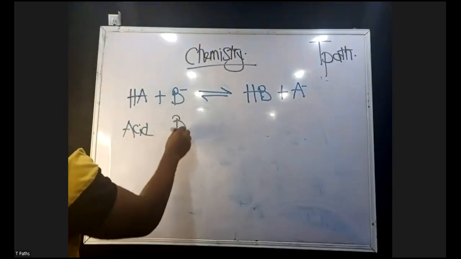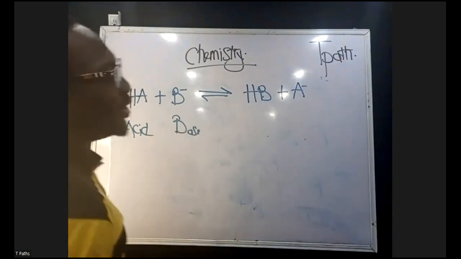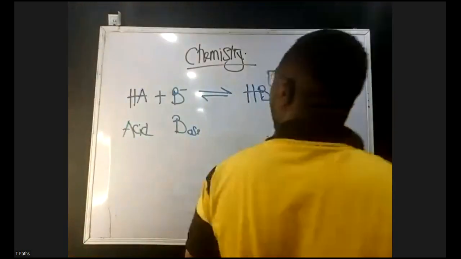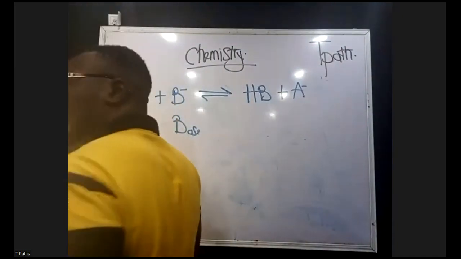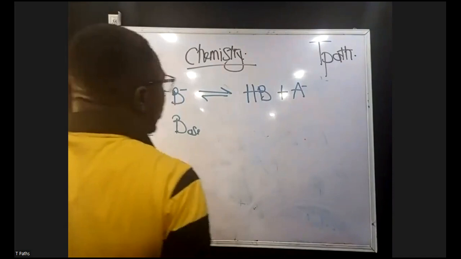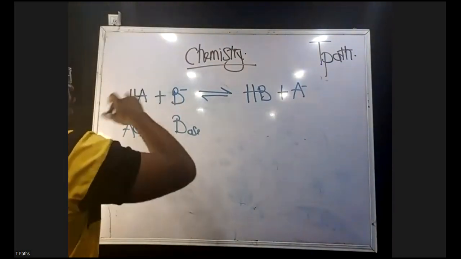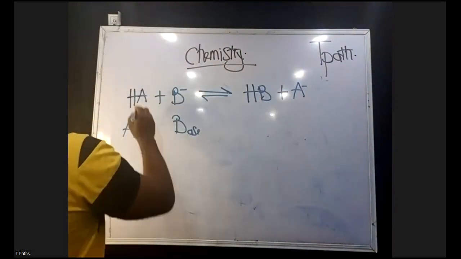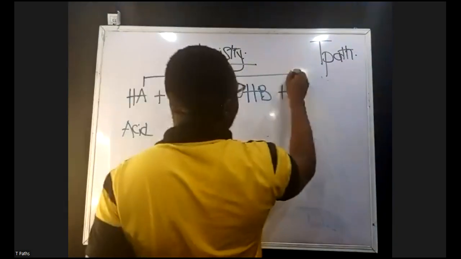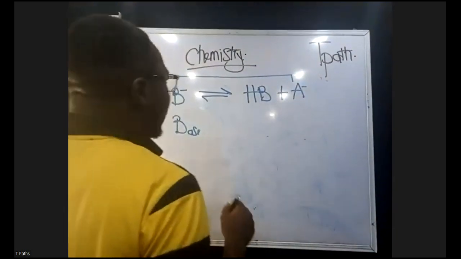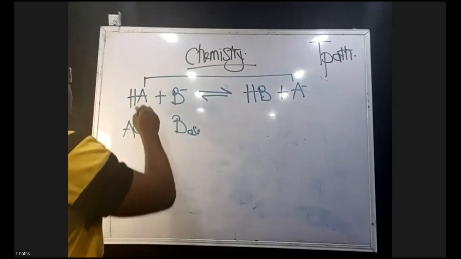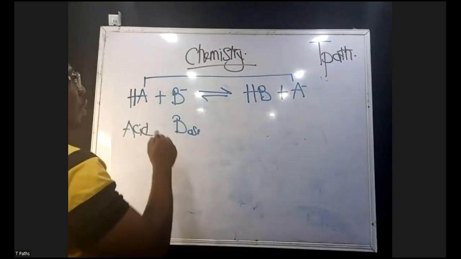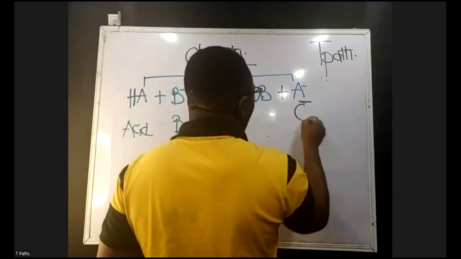B- is a base. Guys, please follow me. HA donates a proton. So when HA donates a proton, that means H goes away. We are left with A-. So HA donates the proton to have A-, and A- is known as the conjugate base.